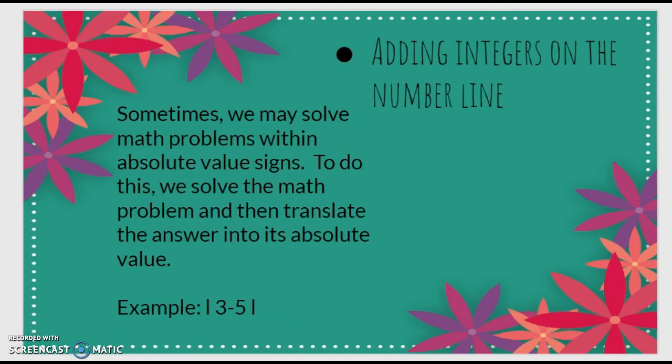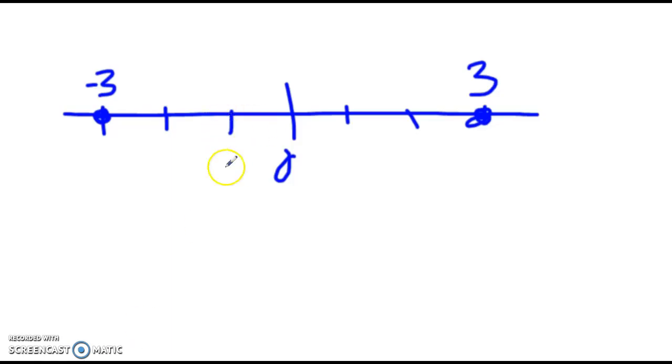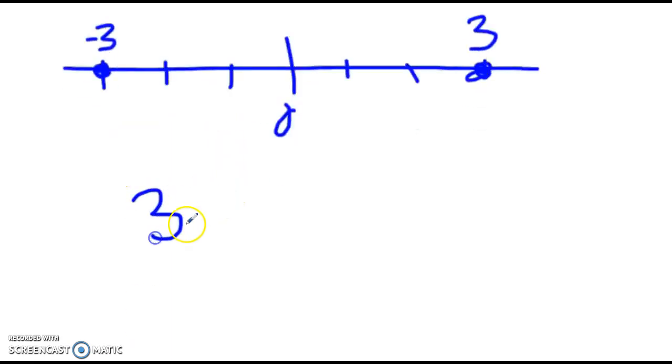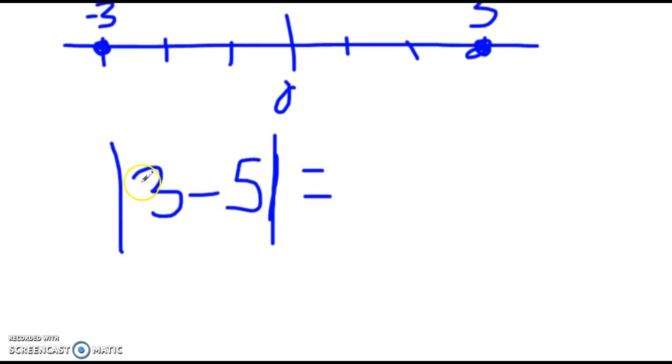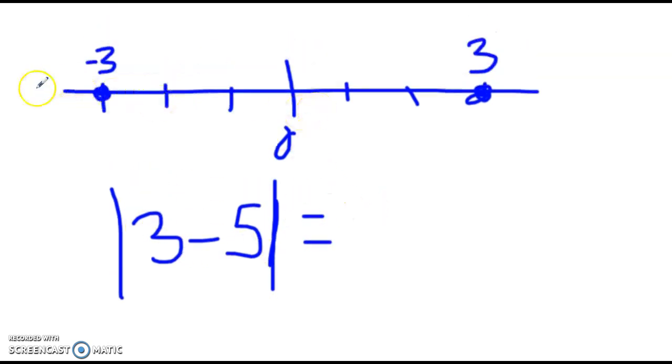Sometimes there's a math problem inside of an absolute value sign. To do this, you solve the math problem, and then the answer is the absolute value of whatever is left inside of those signs. So let's try the absolute value of 3 minus 5. Let's look over here and extend our number line a little bit.